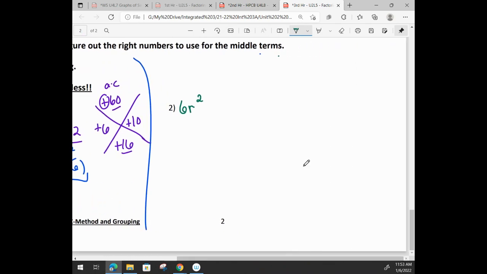It's very similar to one of the examples, but not exactly the same. Middle term, plus 25r. Last term, minus or negative 9. 6r squared plus 25r minus 9. Factor, go.